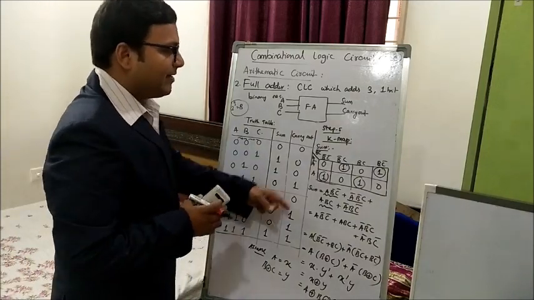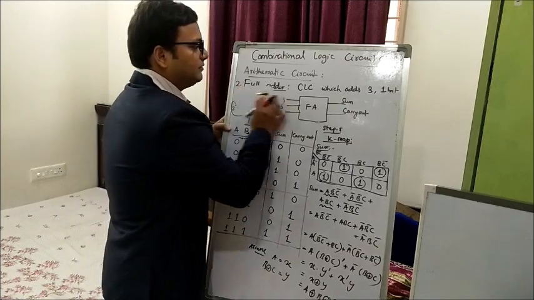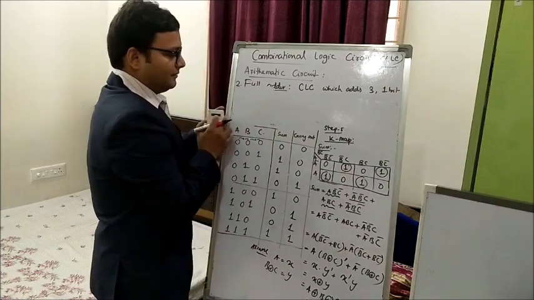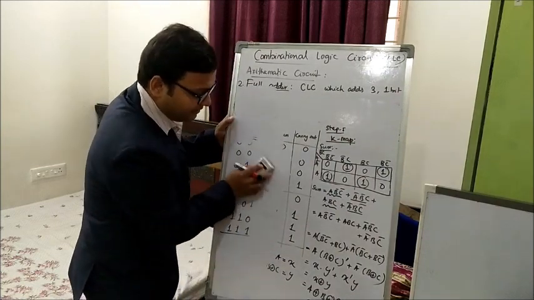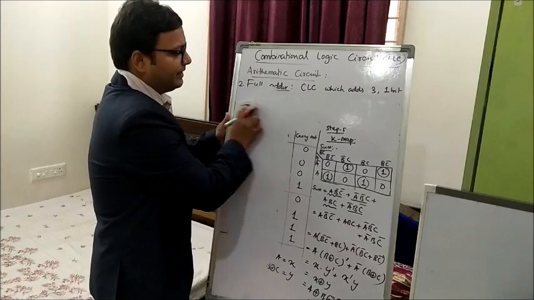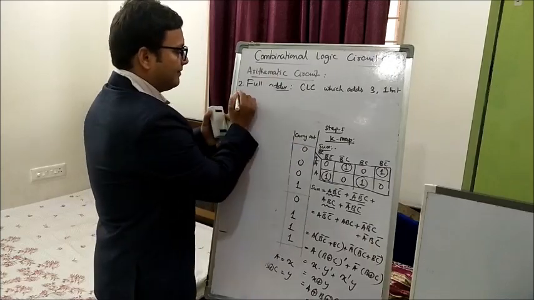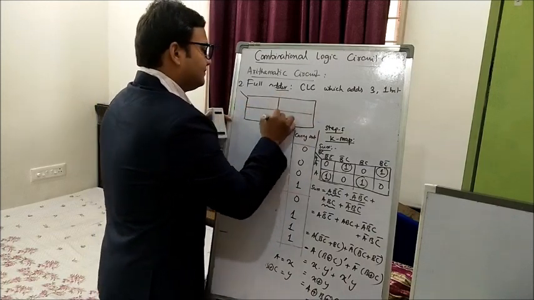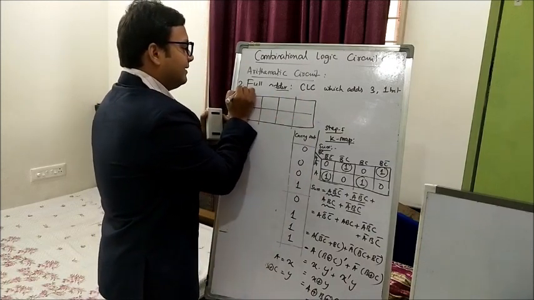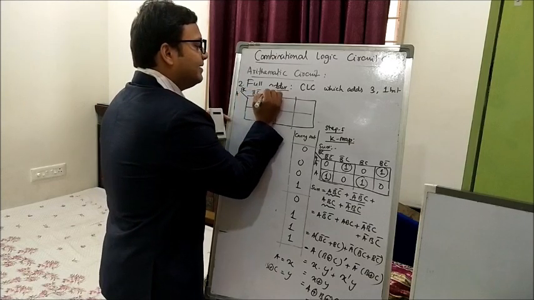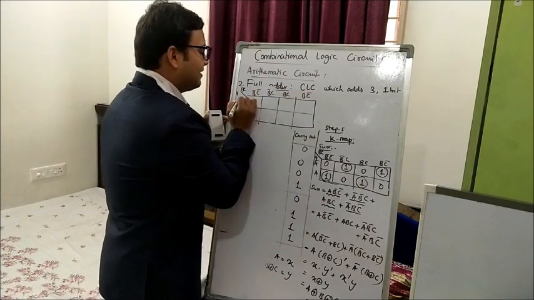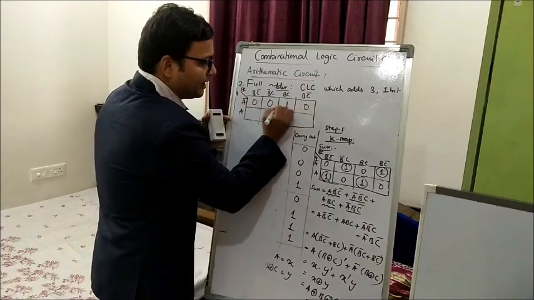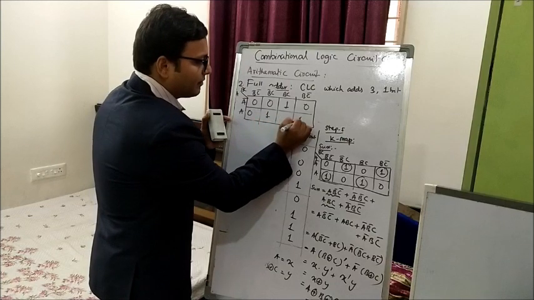Next I am going to simplify for the carry out. I am going to take only this part, as we fill up the K-map. So this is my carry out K-map: A, B C, B bar C bar, B bar C, B C, B C bar, A bar, A. So this will be 0 0 0 1 0 1 1 1.